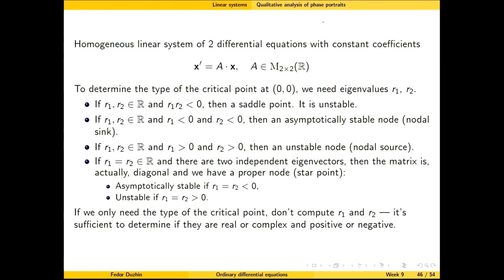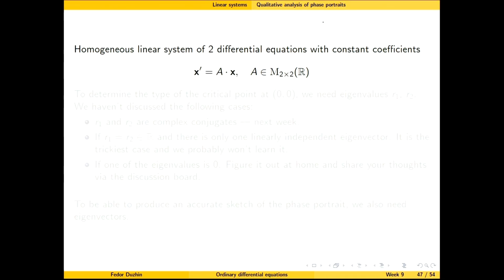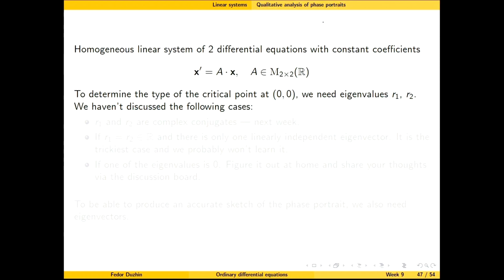If we only need to determine the type of the critical point, in other words, we don't need to solve the system or to sketch the phase portrait, we don't have to compute R1 and R2. We can figure out whether they're real or complex. If they're complex, then next week.